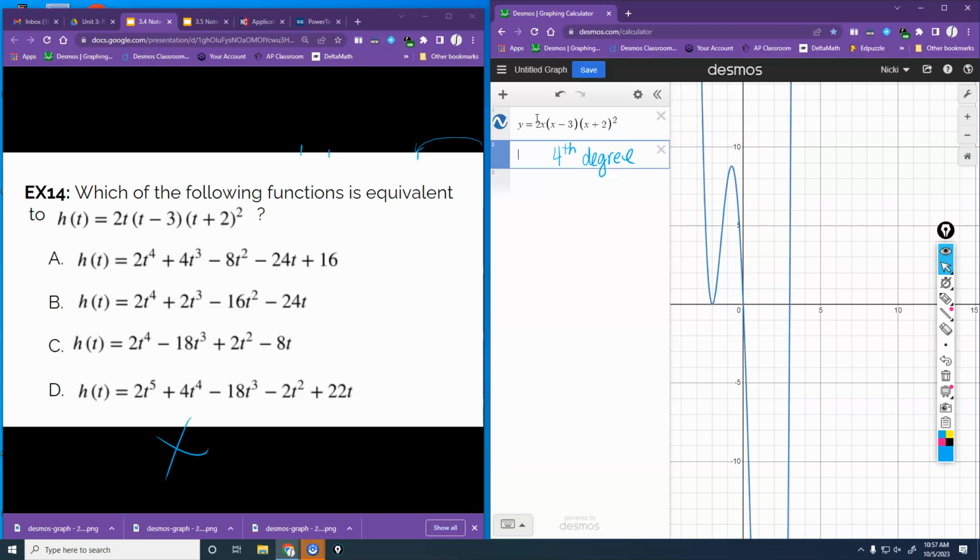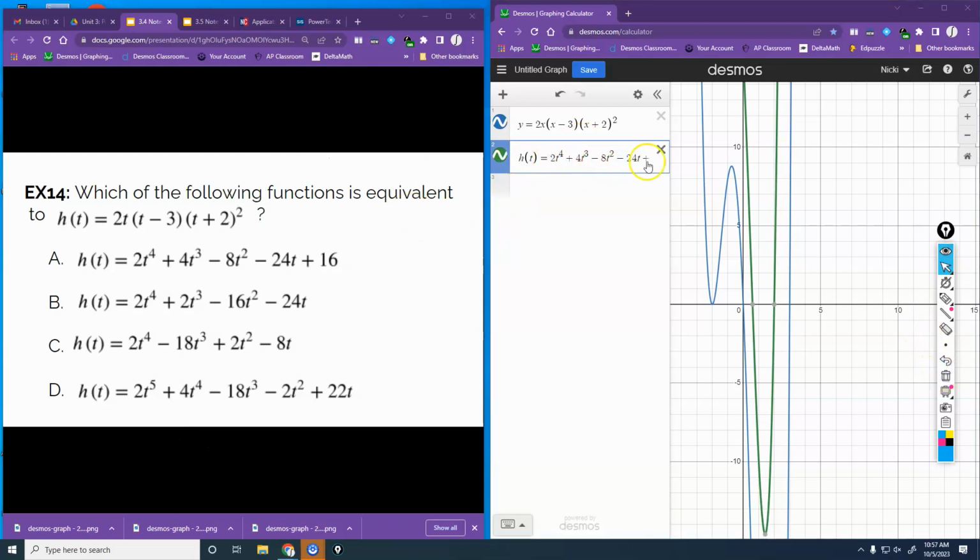And then plus 2t to the fourth plus 4t to the third minus 8t to the second minus 24t plus 16. What did I do wrong? Oh, and I used t's. Why did I use t's? It will still graph it with t's. Right there. So that is not right.